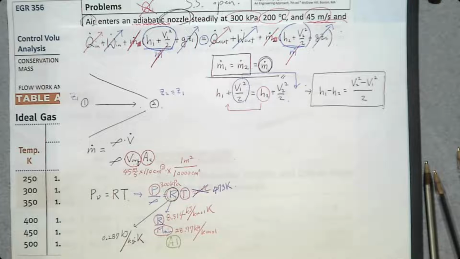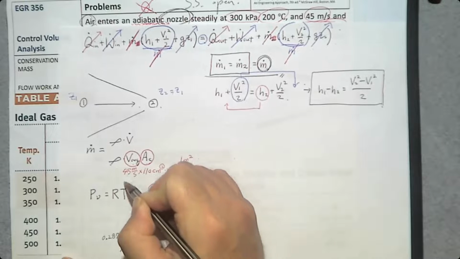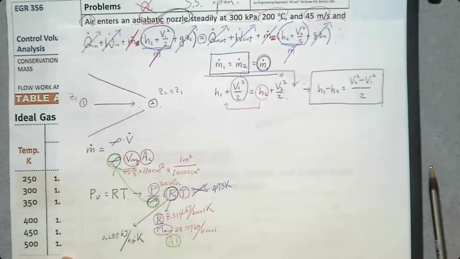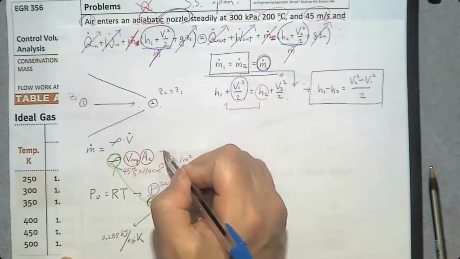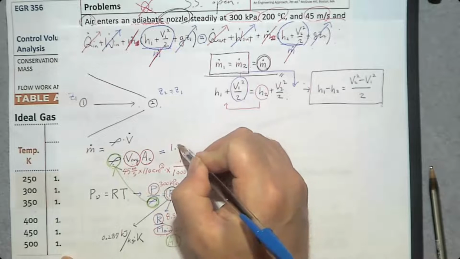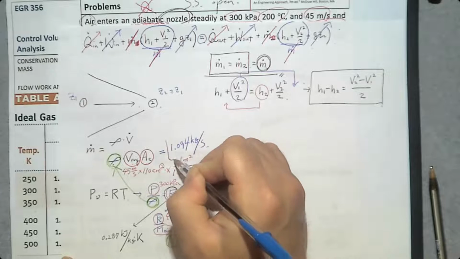So if you solve this ideal gas equation, you can determine the density of the system. And once you determine the density of the system, you can determine the mass flow rate of this air, and the mass flow rate is 1.094 kilogram per second.